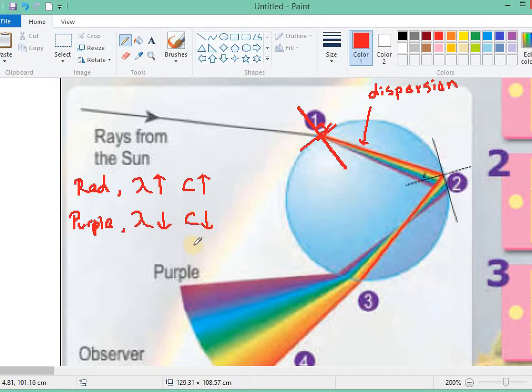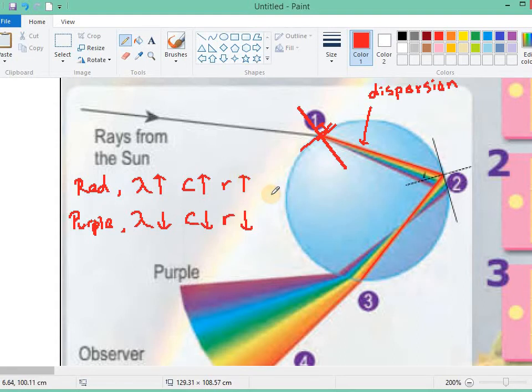So if the speed of light become lower than red light, that means the purple light will refract more. That means it will bend more. Okay, if it bend more, that means the refracted angle will be smaller. This one, the refracted angle will be bigger.